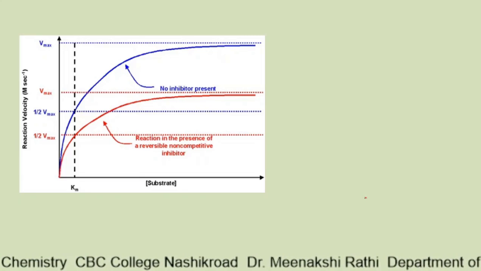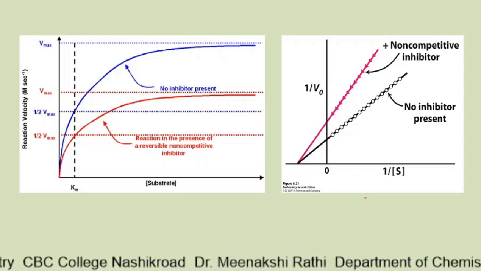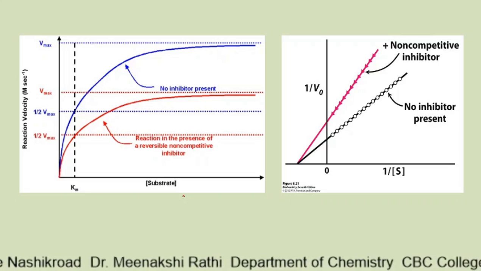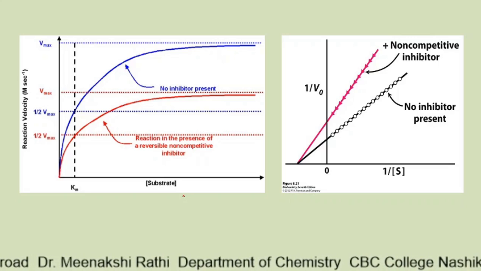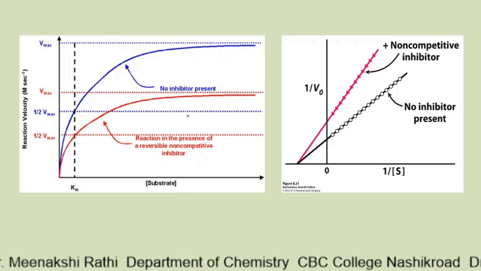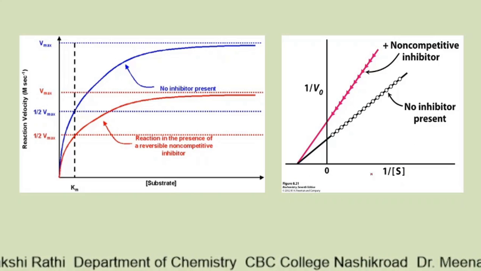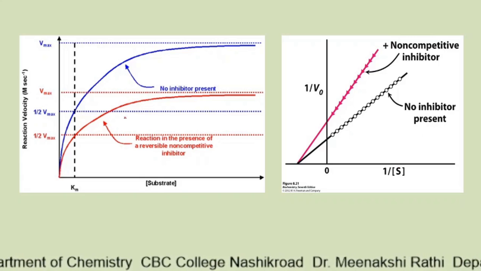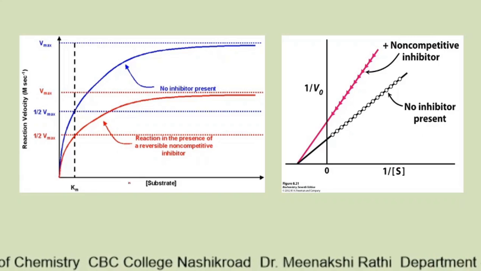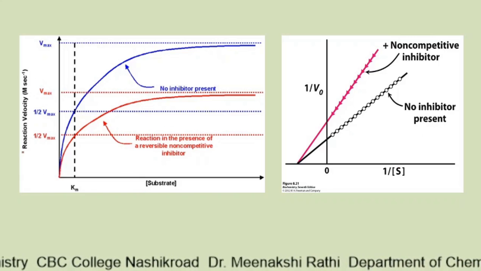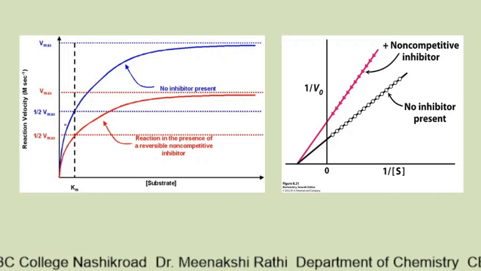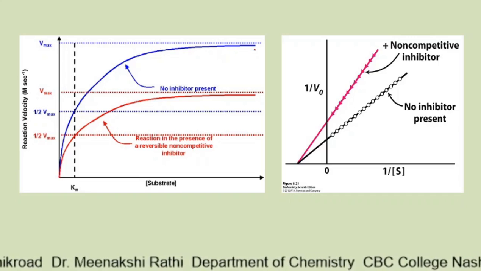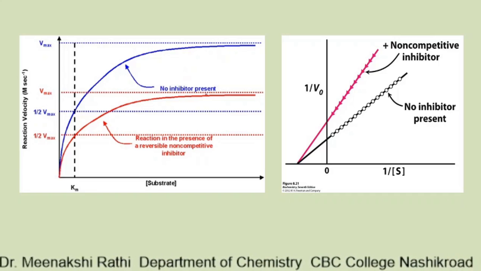Now see here, what is the effect of a non-competitive inhibitor on the Vmax and the Km value? That can be very well explained if we see the Michaelis-Menten plot as well as the Lineweaver-Burk plot. Now here in this plot between substrate concentration and velocity of reaction, this hyperbola is for only substrate, or when no inhibitor is present.